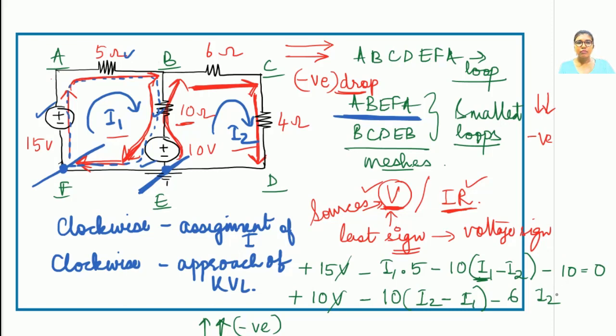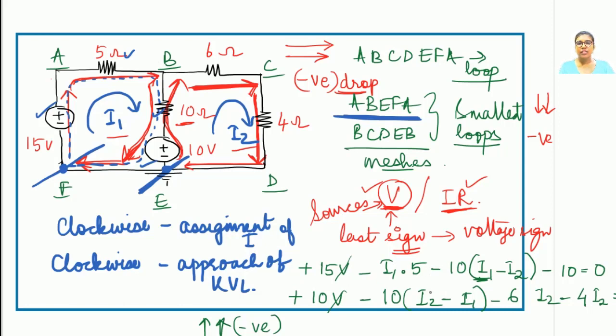So right here it is minus 4 times I2. Next, are there any elements present? No, there are none. So you can now close this KVL equation, because the summation of all the voltage drops that you come across in a closed loop is equal to 0. So these are your two KVL equations that you shall be writing.